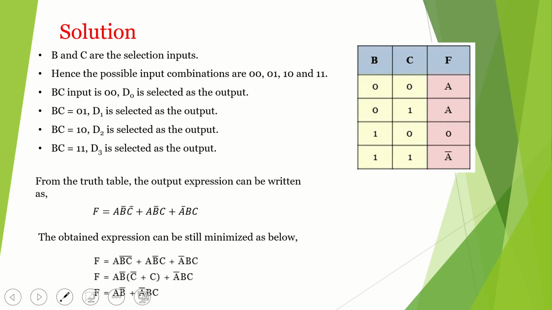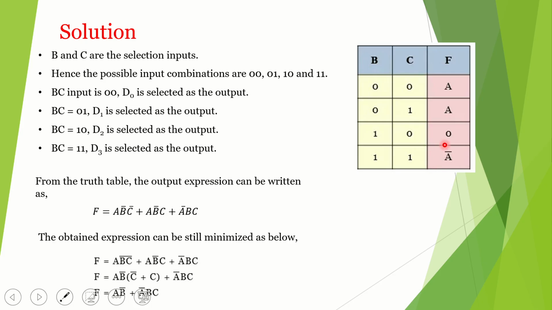The next is A, B is only bar here, C value is 1. So the next term is A B bar C, that is mentioned here. Next 0. We will not write the expression for this combination because the output is 0.